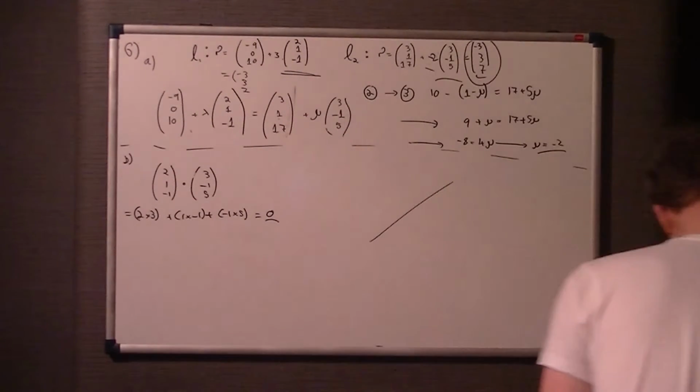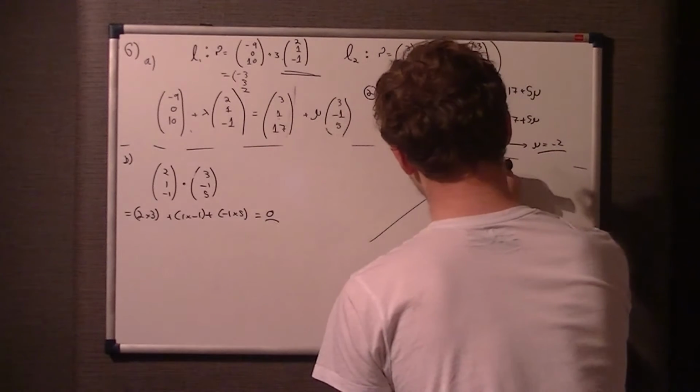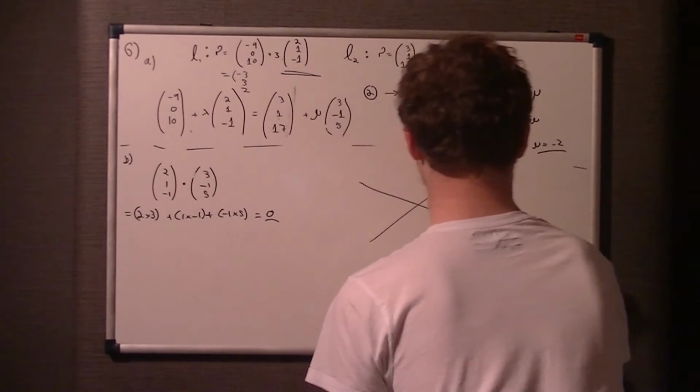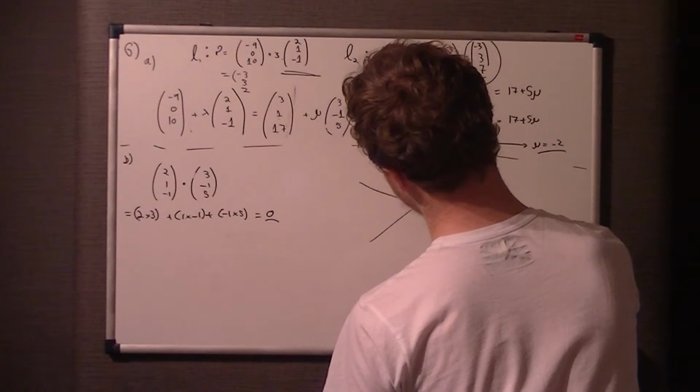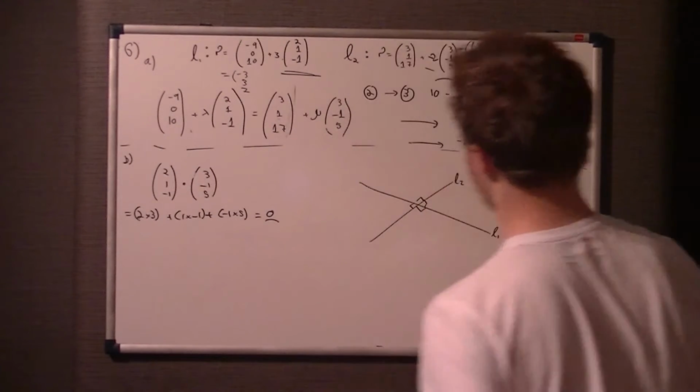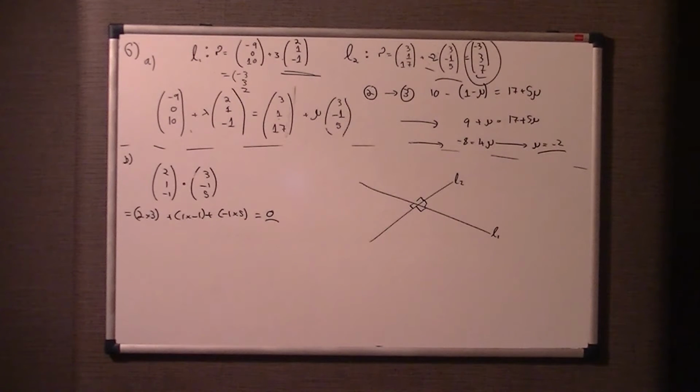So I'm going to draw something like this. Now we know they're perpendicular, we can draw them like this, and all these little corners are going to be 90 degrees because they're perfectly perpendicular.